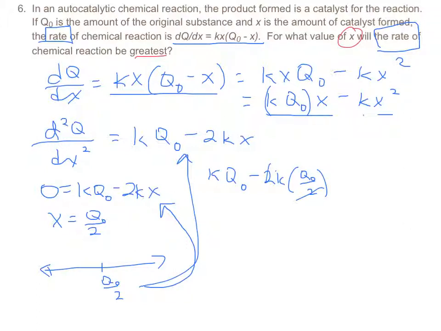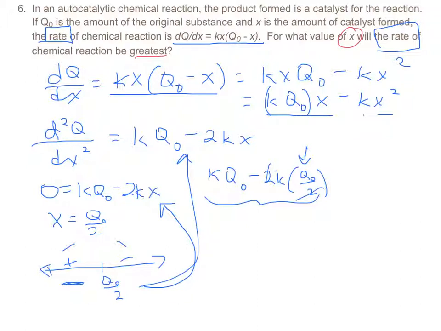So if we have a number that's less than Q sub 0 over 2, we would end up with a positive number because kQ sub 0 would be greater than what we were subtracting. And if x is bigger than Q sub 0 over 2, we would end up with a negative number. And so, according to the first derivative test, it is in fact a maximum.